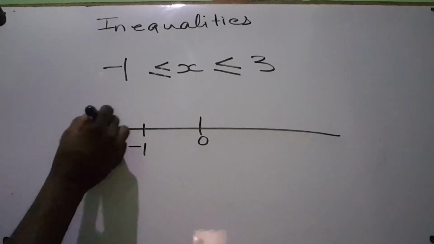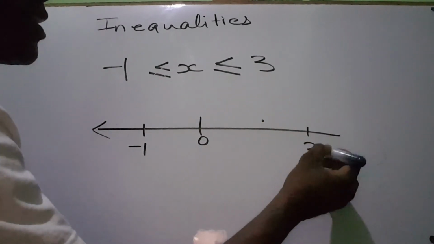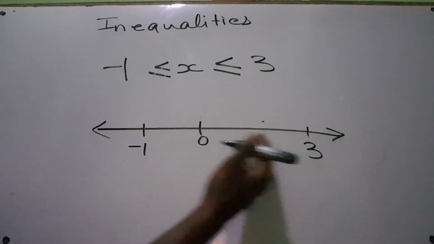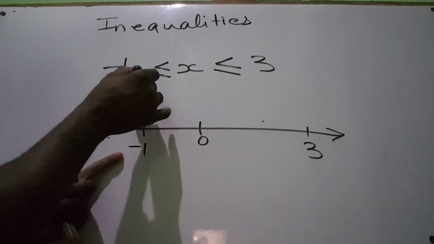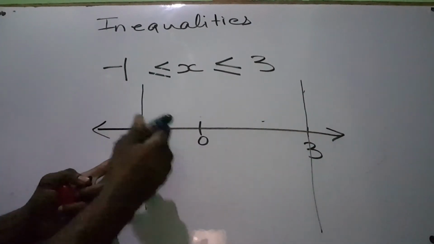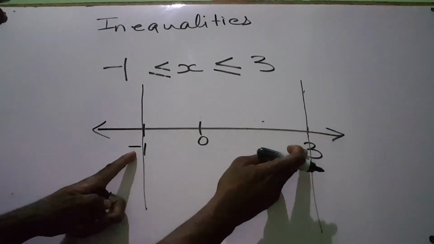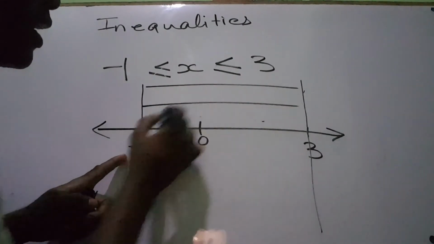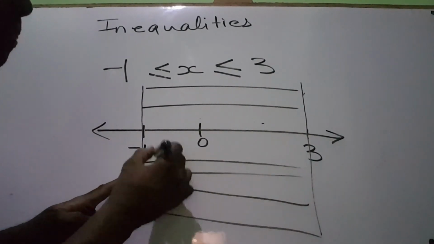Here is -1, and let us say here is +3. We're looking at the fact that x is between these two numbers. The solutions that I'm looking for, and I'm using solid lines because -1 is a part of the solution as well as +3, are in this area.